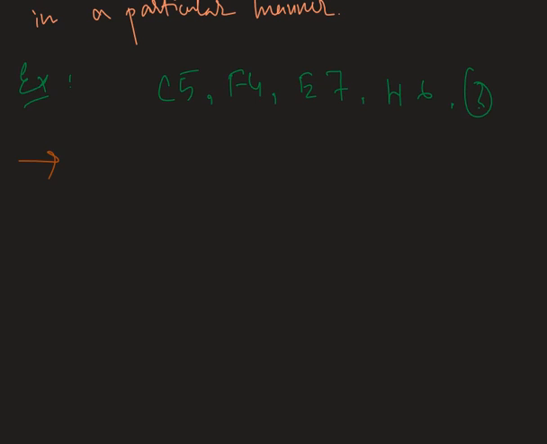So the pattern of the given alphanumeric series is basically like this: C5, F4. First we write this in a series and number these letters corresponding with their positions.